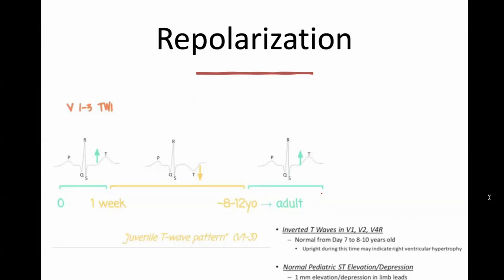They should remain inverted for the next 8 to 10 years. They then flip back and remain as upright T waves from then on. Positive T waves in leads V1, V2 and V4R from day 7 to about the teenage years may suggest right ventricular hypertrophy.